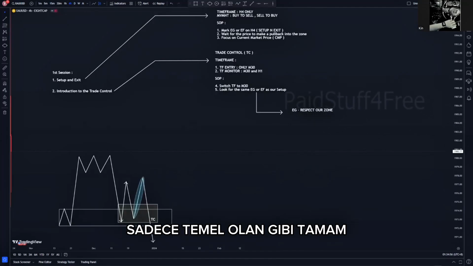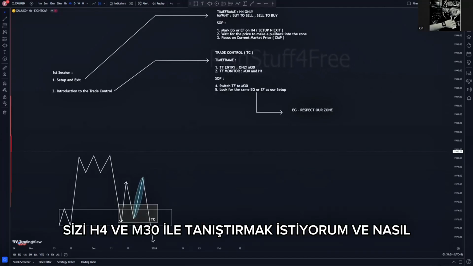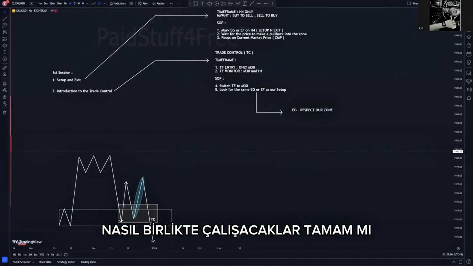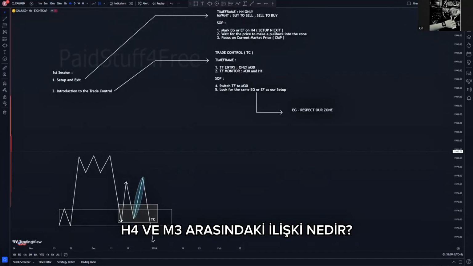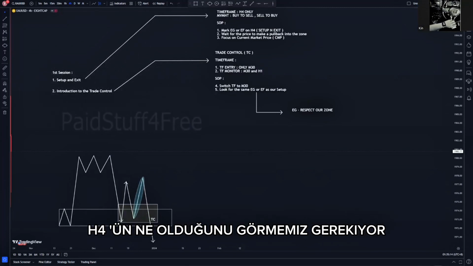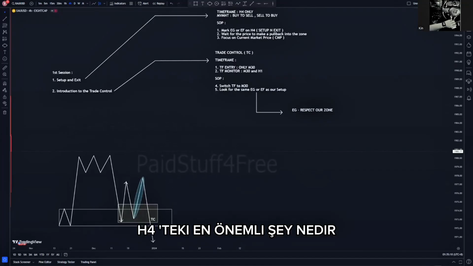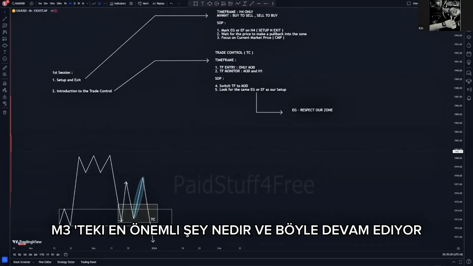This session is just the basic class, to introduce you to H4 and M30 and how they work together. What is the relation between H4 and M30? What is the most important thing in H4, the most important thing in M30, and so on.